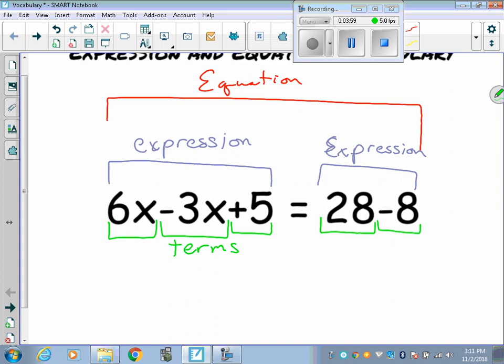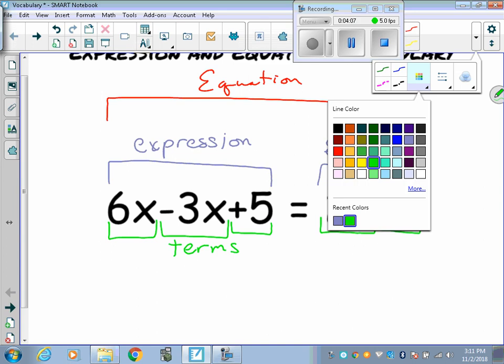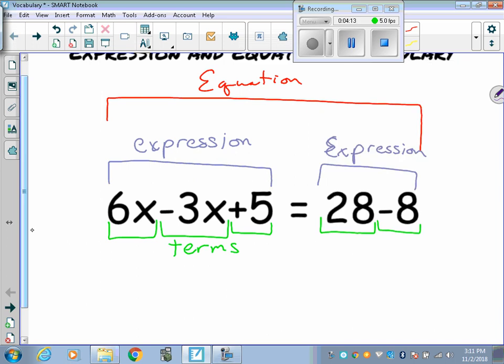Now, also we talked about like terms. So therefore, I want to do like terms. We're in a nice dark purple. So let's go ahead and talk about like terms. So this 6x here and this negative 3x, those are like terms.